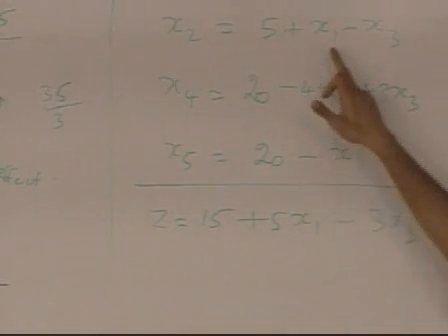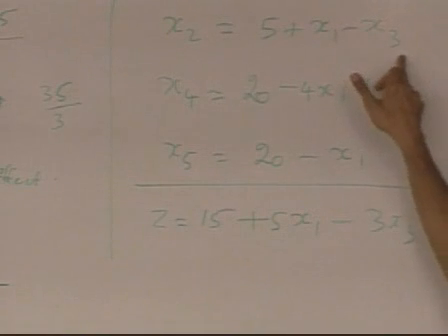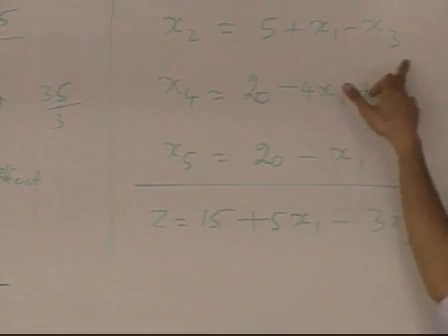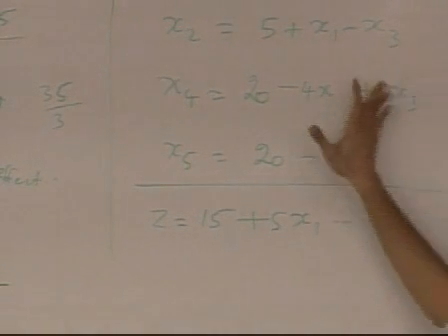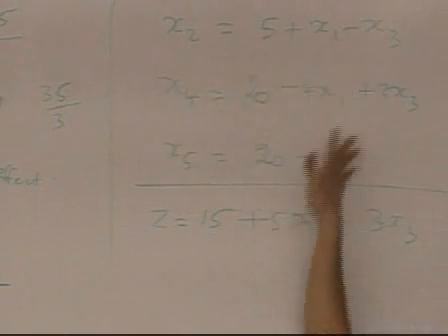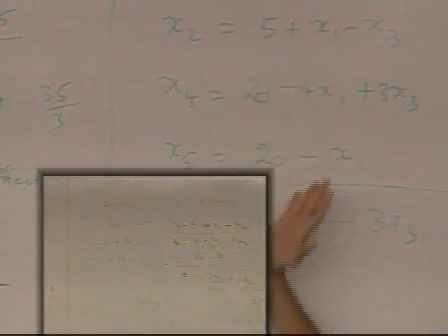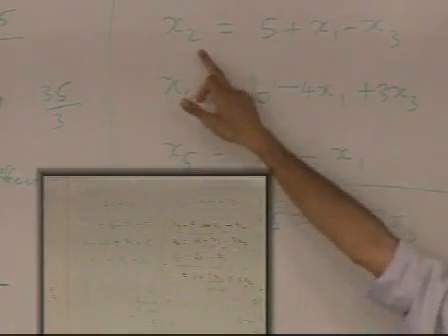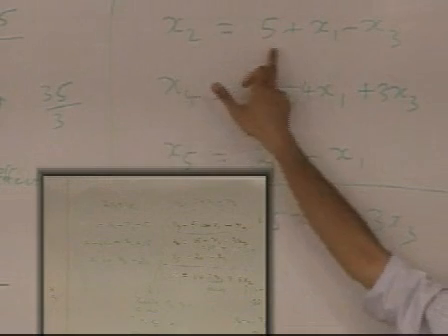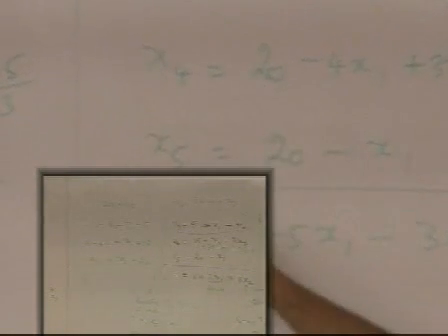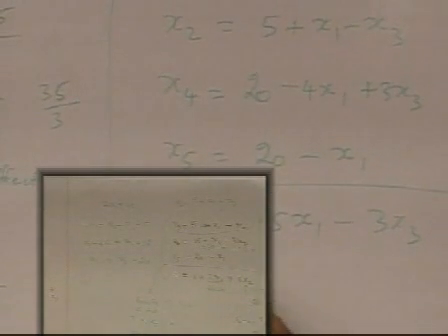Meaning, if you started with x1 and x3 as your set of variables whose values you hold to 0, and express the other variables in terms of these two, this is what you would end up with. You can read out the current solution just by looking at this system. x2 is 5, x4 is 20, x5 is 20, and z is 15.